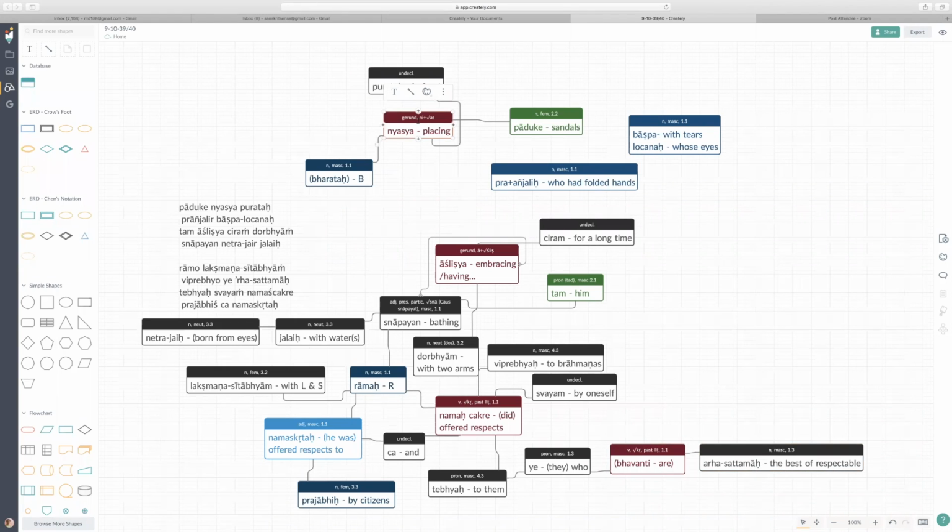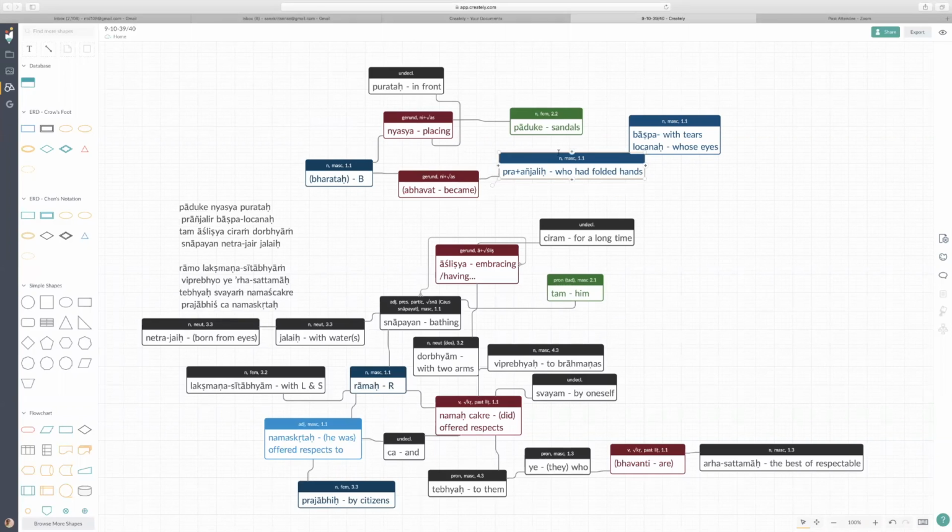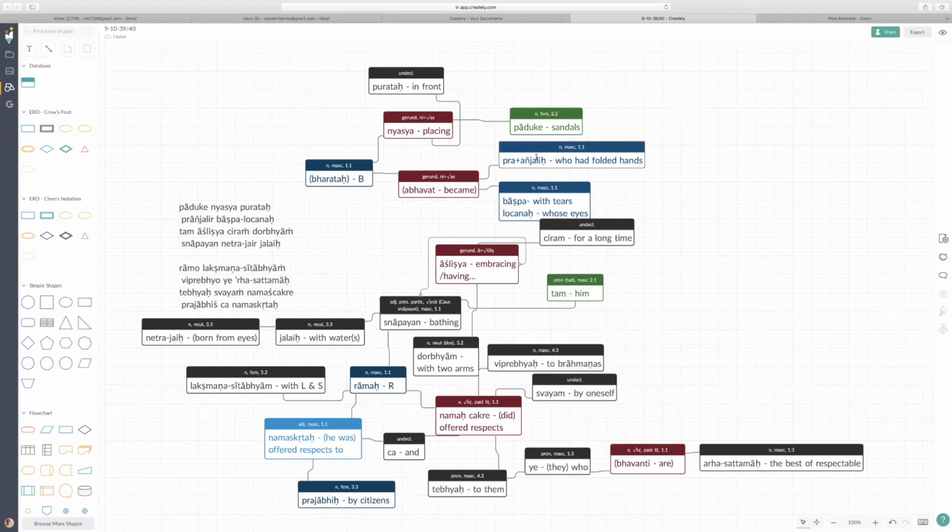So Bharata became... how he became what? He became Pranjali. He became one with folded hands, and he became one with tearful eyes. Yeah. This is how it is.